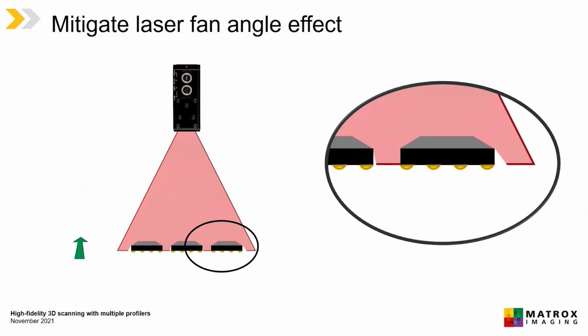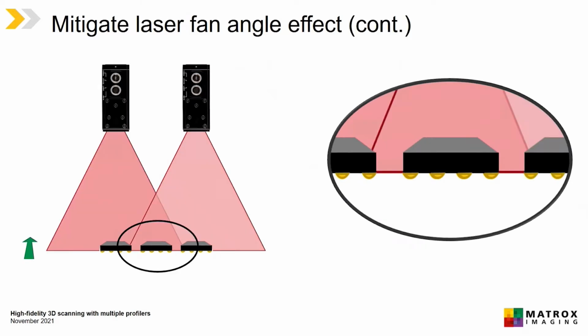This effect is worst on the edge of the field of view since the angle of the laser light is higher compared to the middle of the field of view, where the laser is almost perpendicular to the plane. Using a second 3D profiler to overlap on the edge of the field of view will mitigate this effect. The area that is not seen by one sensor will be seen by the other, and so on.